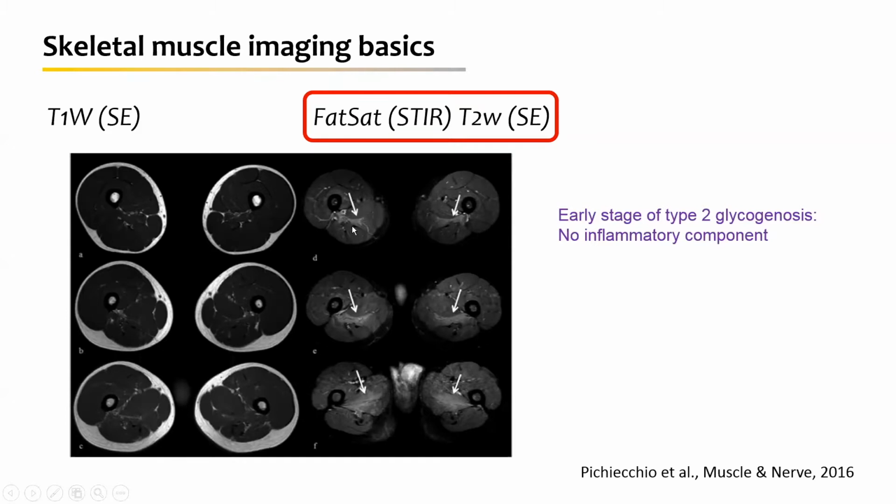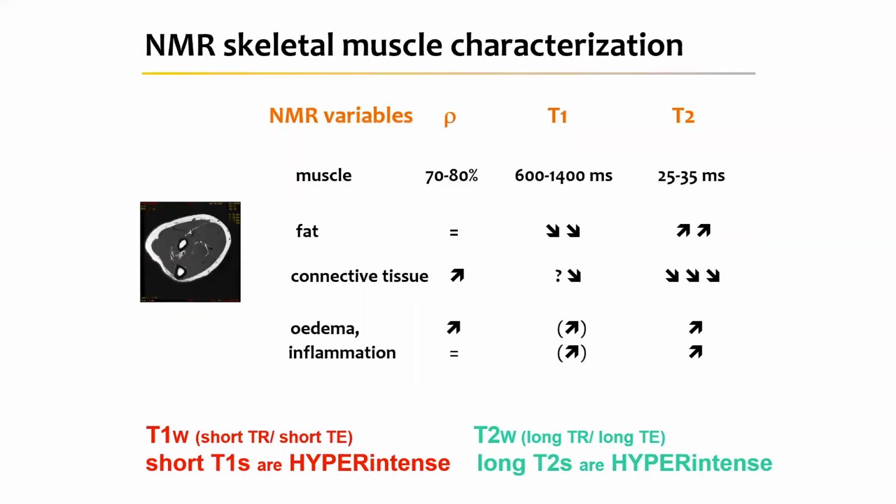So just to indicate and stress that a positive STIR, so an increase in T2 in a muscle, can be found in situations other than inflammatory changes. Just to review briefly how contrast is involved in MR images: you have three main parameters that control the image appearance, which are the proton density, T1 and T2.